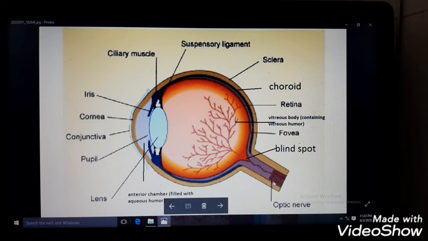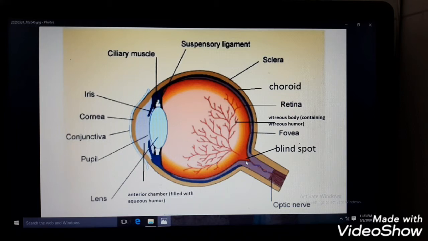From where this starts, at this very point where the retina is connected to the optic nerve, at this very point only there is the blind spot. Whenever an image is formed at this blind spot, you will not be able to see that image. So the blind spot is that part of the eye where no image is formed.